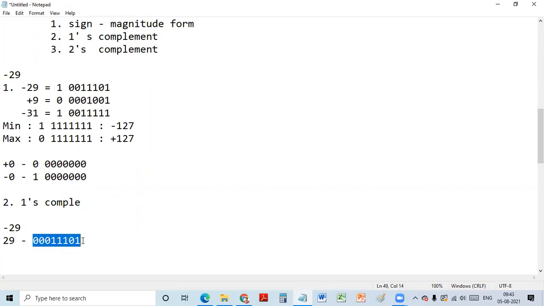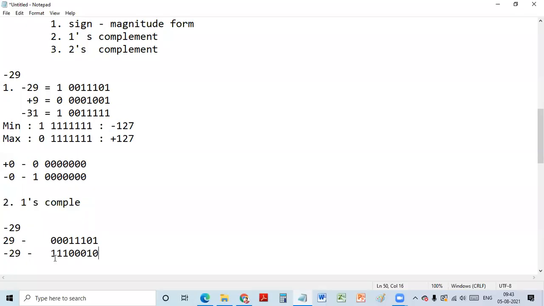Okay, so now this is +29. To have -29 in one's complement way, we will perform one's complement on this number. One's complement is nothing but we complement every bit, 1 to 0, 0 to 1. So then I'll be getting 1, 1, 1, 0, 0, 0, 1, 0.